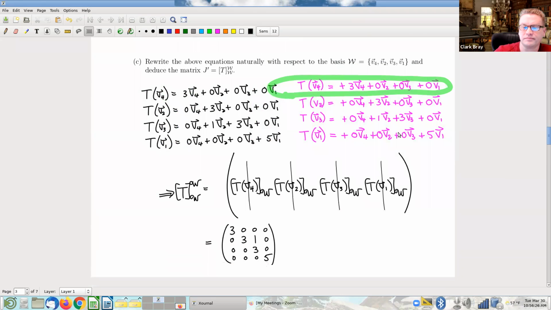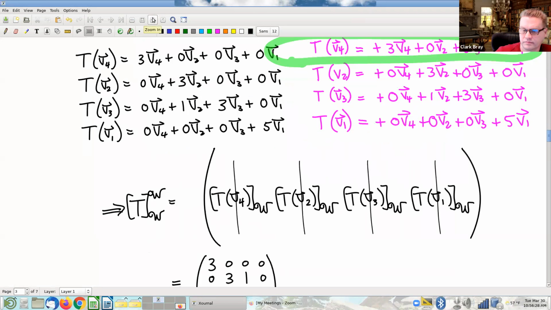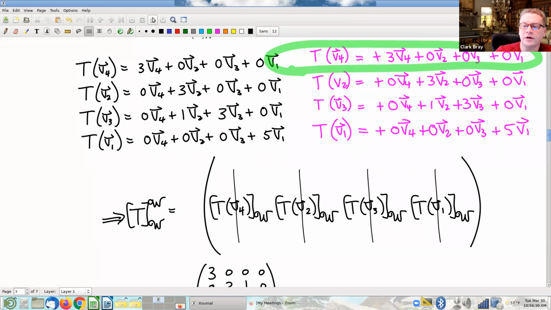This equation tells me how to view V4, how to view its images as linear combinations of the W vectors in that W order.